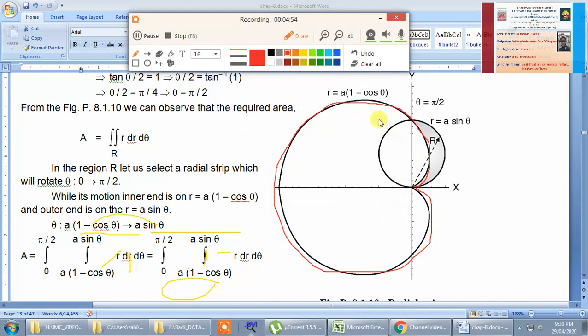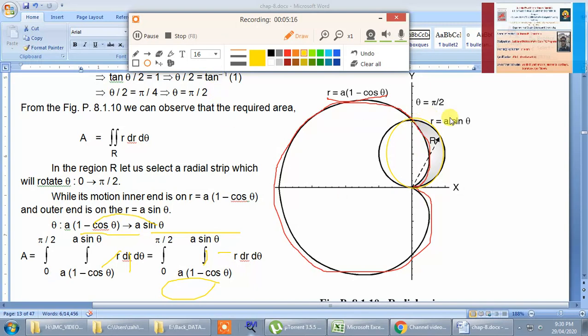So r is equal to a(1 - cos theta), so it is here. And the second one is a circle, given by r equal to a sin theta, and note that they are meeting at theta equal to pi by 2.